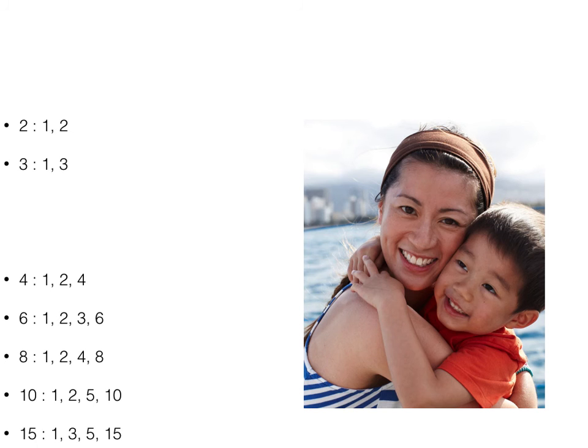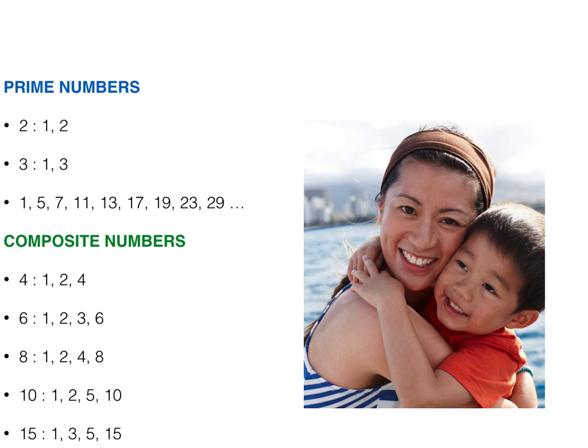For our examples today, as well as the previous session, we note that numbers may have 2 or more factors. And numbers which has factors limited to only 2, such as number 1 and itself, they are referred to as prime numbers. While on the other hand, if a number has 2 or more factors, then they are referred to as composite numbers.